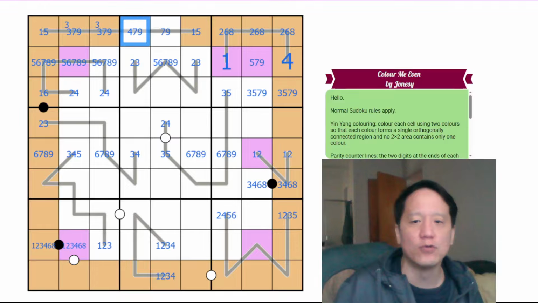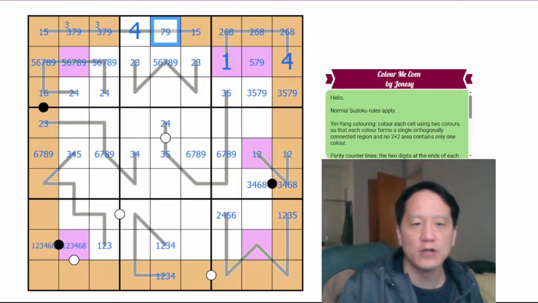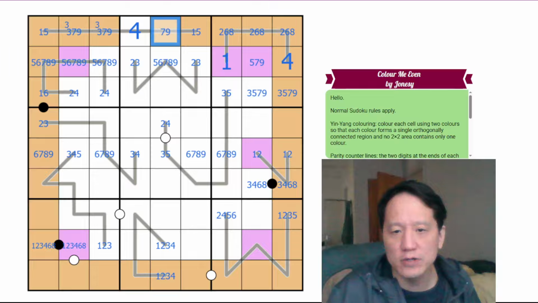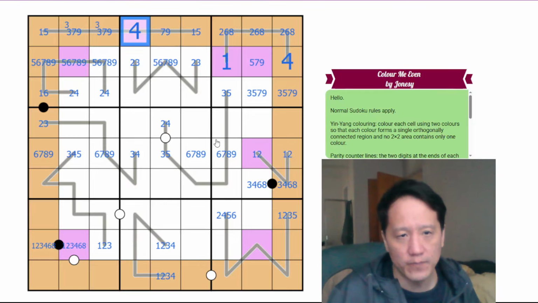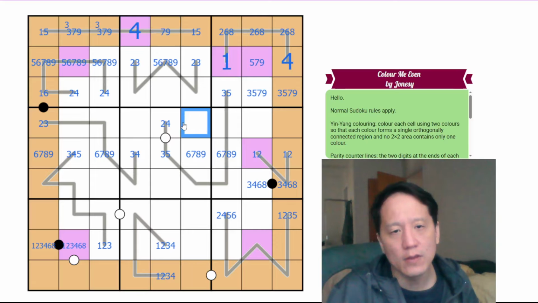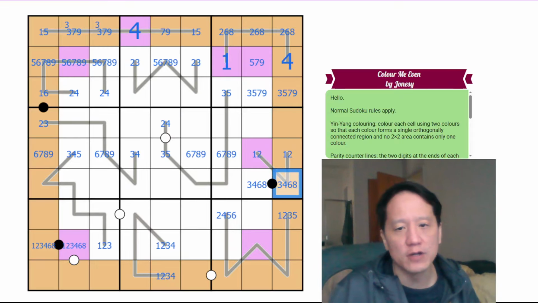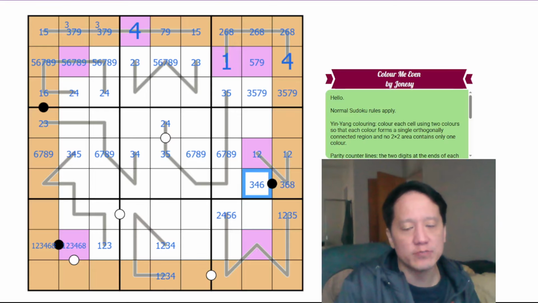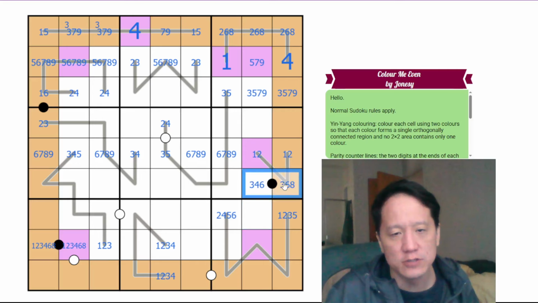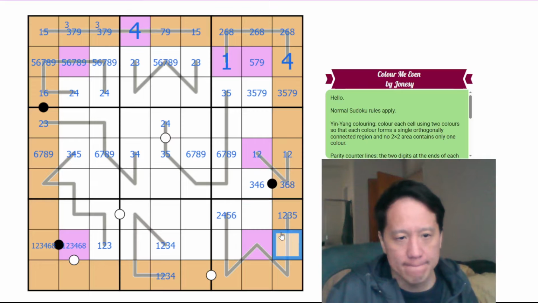This can't be 4. This must be a 4 here. So this is orange. This is pink. This can't be 4 here, which means this can't be 8 here, because 8 needs to be in a 1-to-2 ratio with 4.